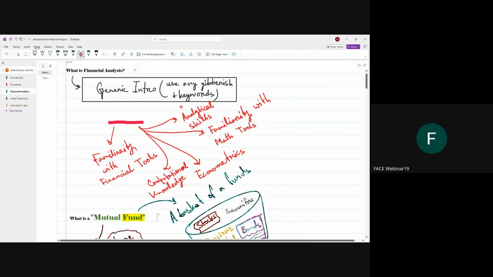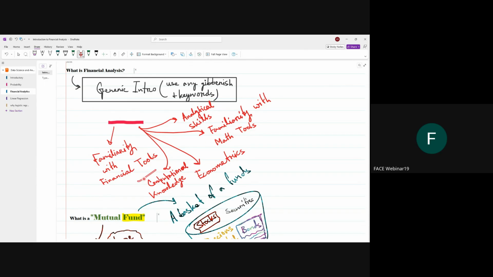So okay, let's proceed. These are the finance toolkit that you are supposed to have, the skill set to perform financial analysis. One is familiarity with financial tools, as in different tools to grow your wealth, earn money, and invest.